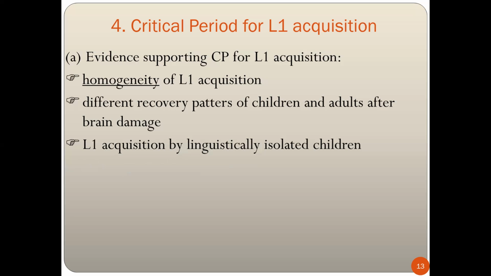But perhaps, I'm not sure it's the most recent case, but a relatively recent case is the case of Jeannie, a very unfortunate girl, and that was in the, I think, in the 60s of the previous century, if I remember correctly, whose father was insane, and he kept her from the time she was 2 years old.